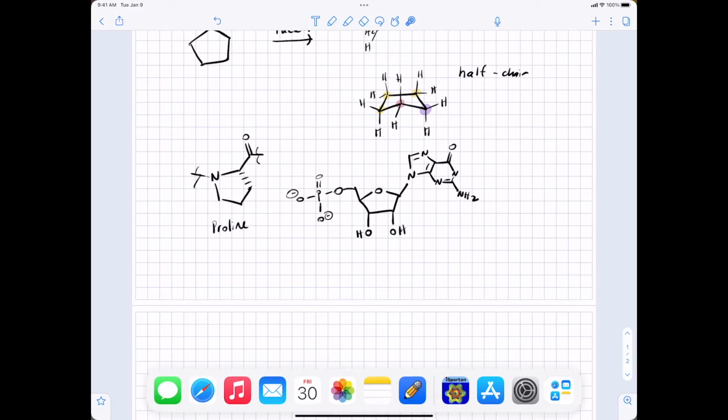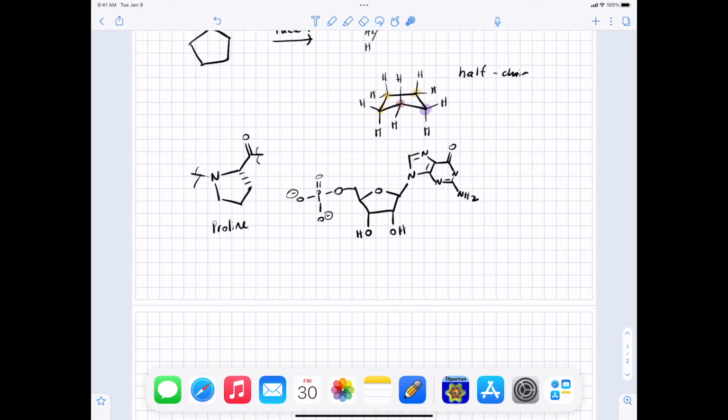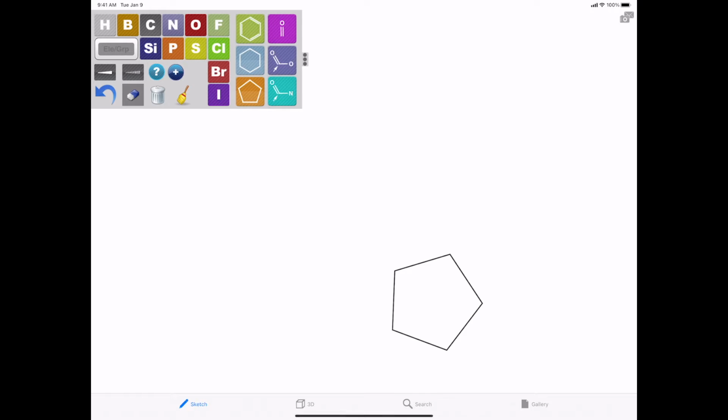Okay, cyclohexane, we're really not going to spend a huge amount of time on, because I presume that you're basically familiar with that. Everybody's okay with cyclohexane? Okay.